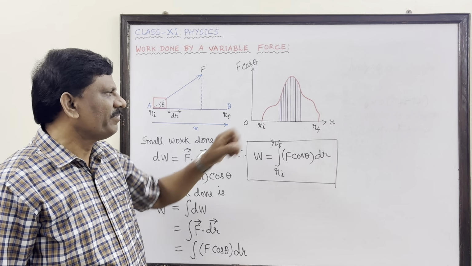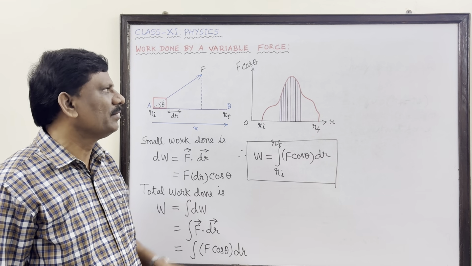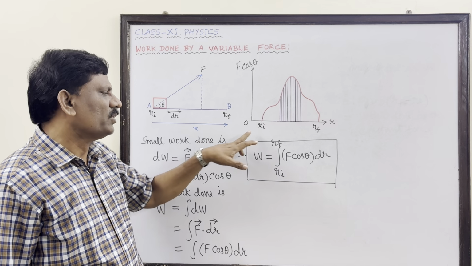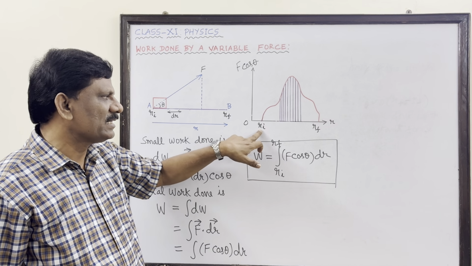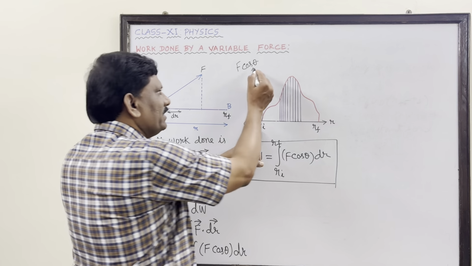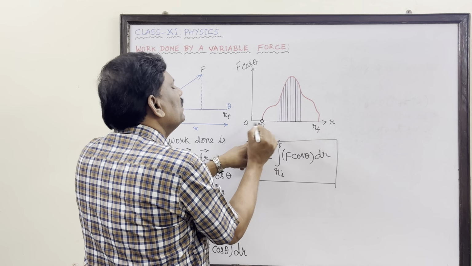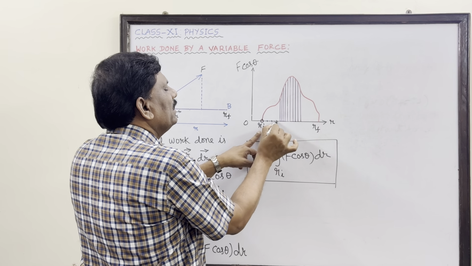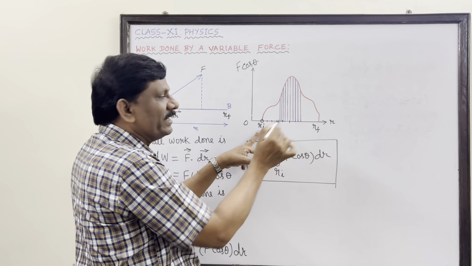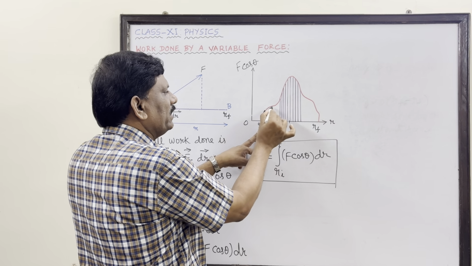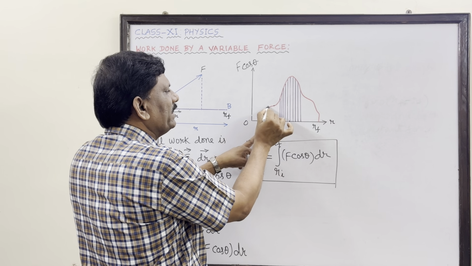So look at the graphical representation of the work done by a variable force. Initially when the displacement was r initial, F cos theta was equal to 0. Then as the displacement increases, can you see that the force initially was increasing?